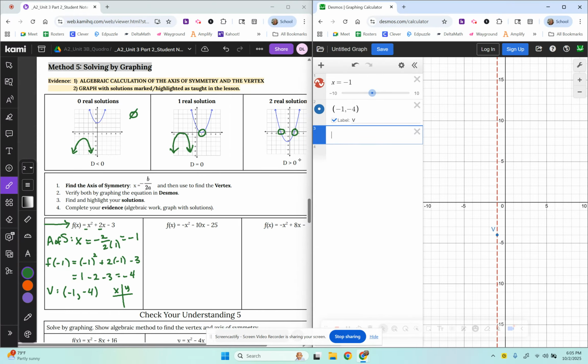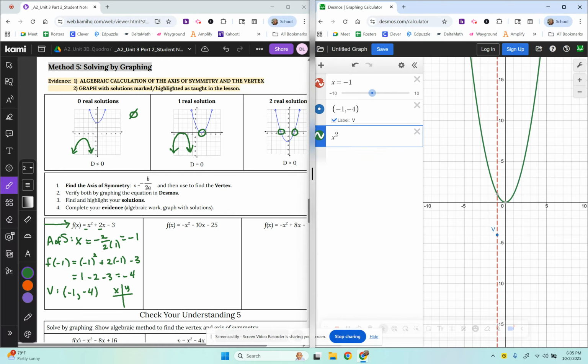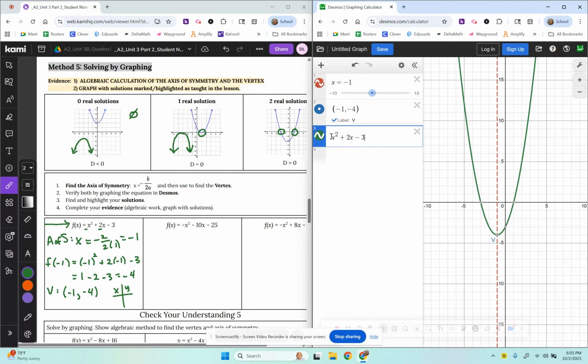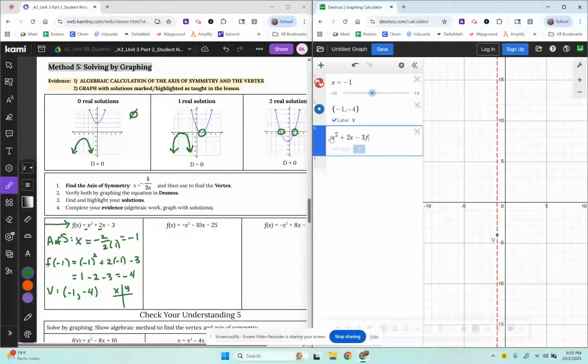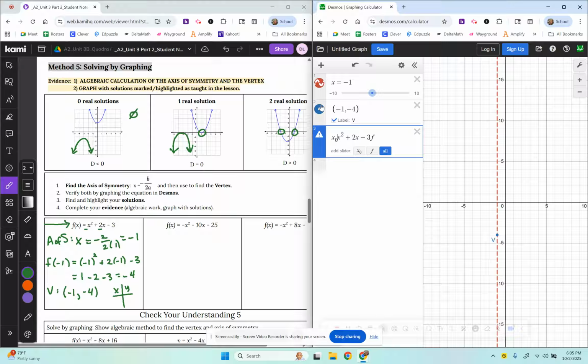And then we can also use Desmos and let it do some of the heavy lifting for us. So we'll do x squared plus 2x minus 3, and I forgot my f of x equals. I know you don't need it, but it is good terminology. There we go. Okay. F of x equals.